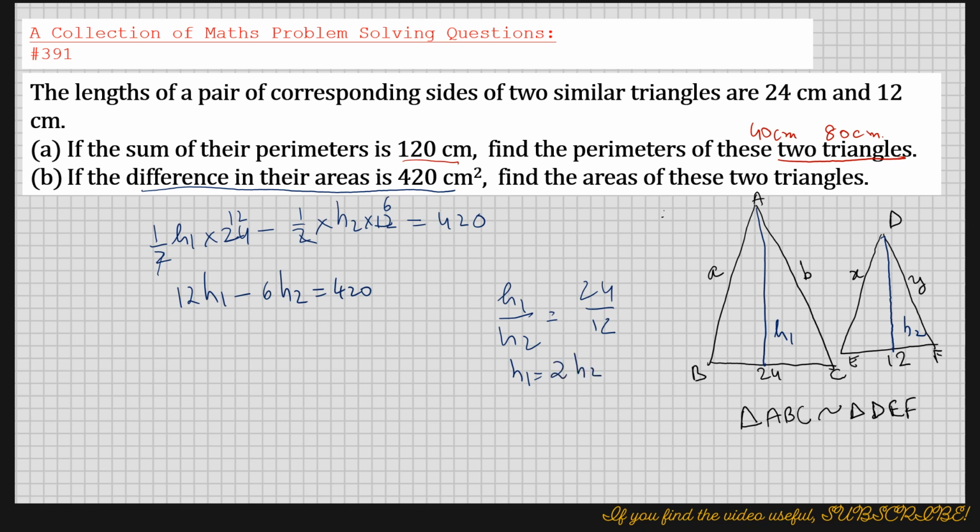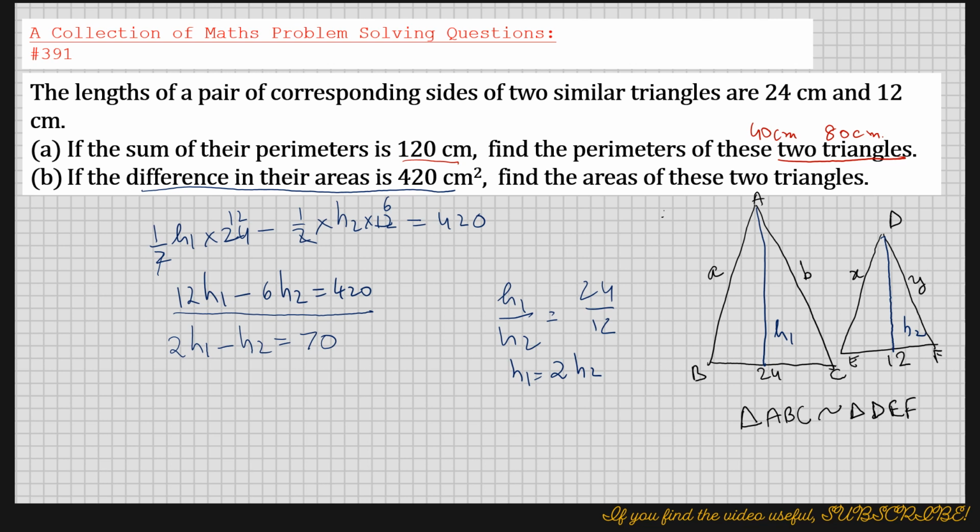So h1 is twice of h2, and I can simplify this a little bit by dividing throughout by 6. I can say 2h1 minus h2 is 70. Yeah, 6 times 7 is 42.